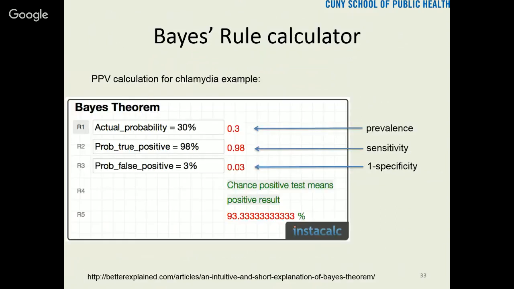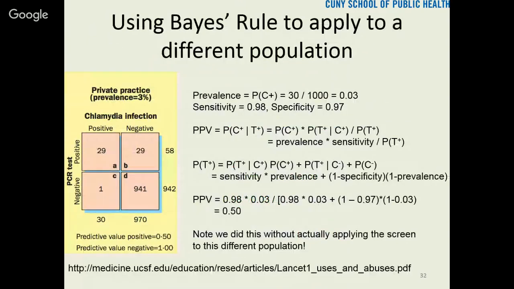What does the T stand for? So here the T is a positive test. So the PPV is the probability of having chlamydia given a positive test, which is equal to the prior probability of having chlamydia, which is the prevalence, times the probability of a positive test given that you have chlamydia, the sensitivity, divided by the probability of a positive test.